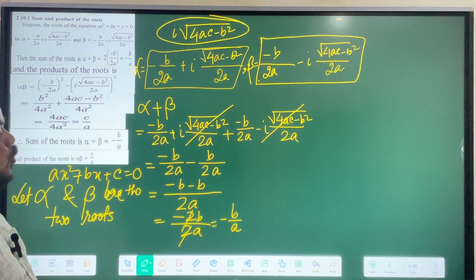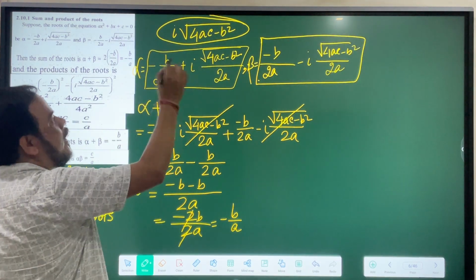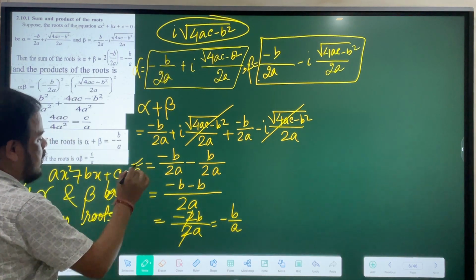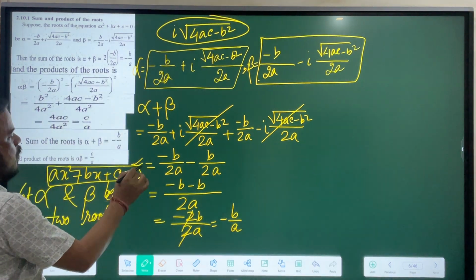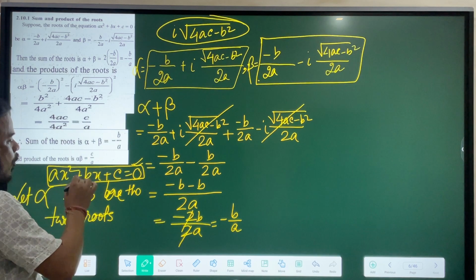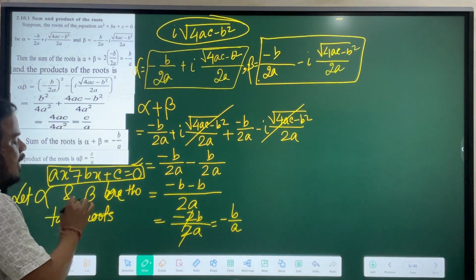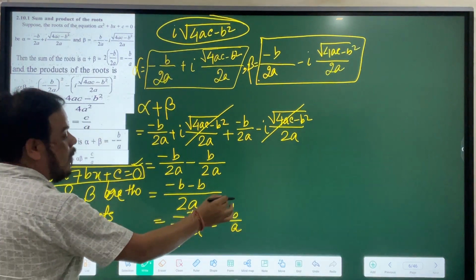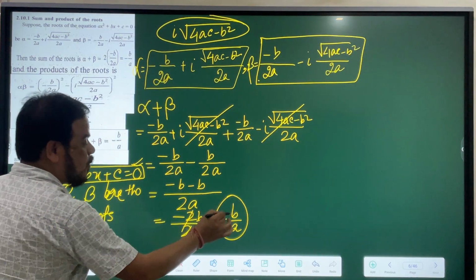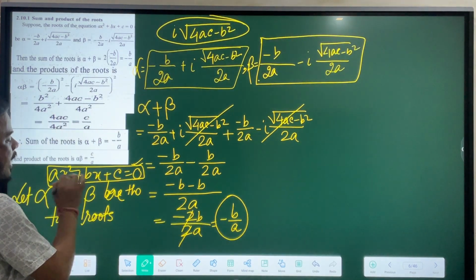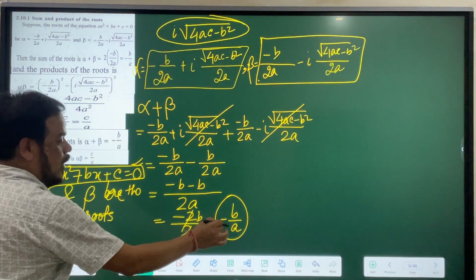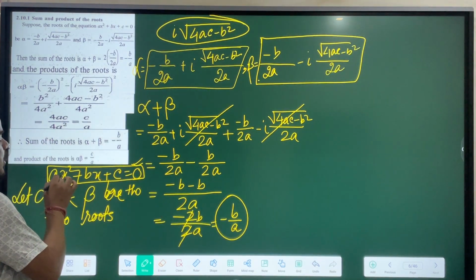So the sum of the roots. If we add both the roots for this equation, and for this equation, what are the roots? Alpha and beta. If we add both the roots, what do we get? Minus b by a. What is b? b is the coefficient of x. What is a? a is the coefficient of x square.